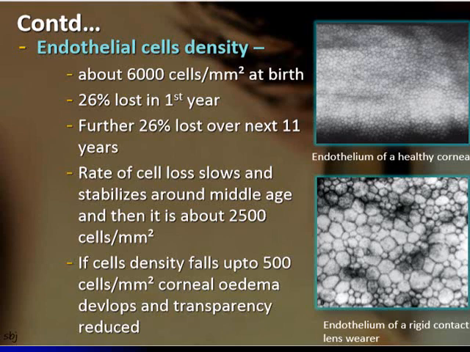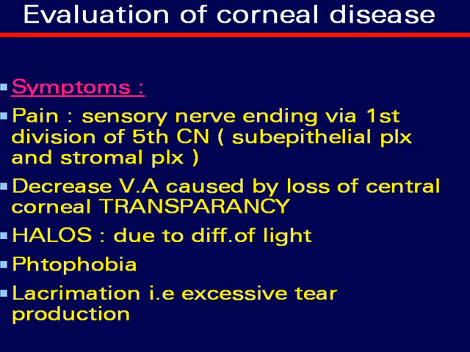So you can see that this layer is very precious, that we have a limited amount at birth and it keeps on decreasing slowly, so that any damage to this layer will decrease the lifespan of the cornea and lose corneal transparency or clarity.